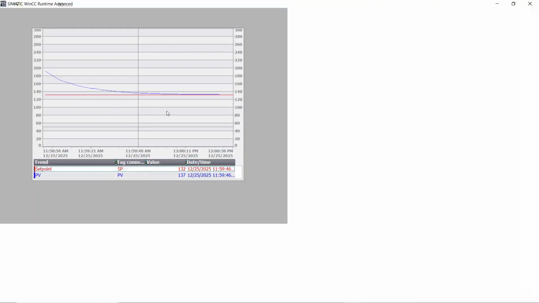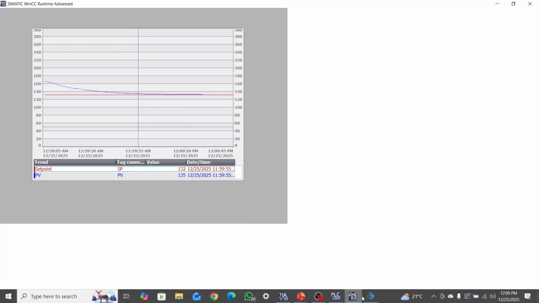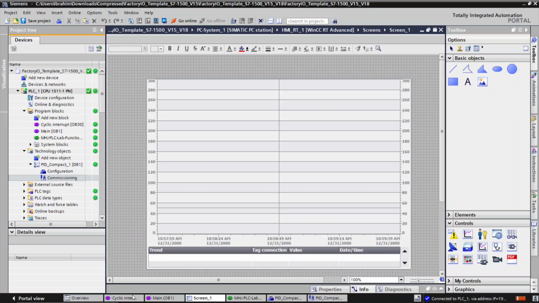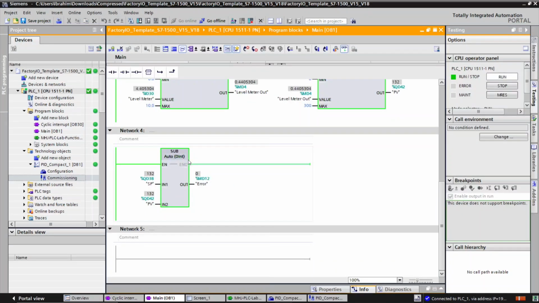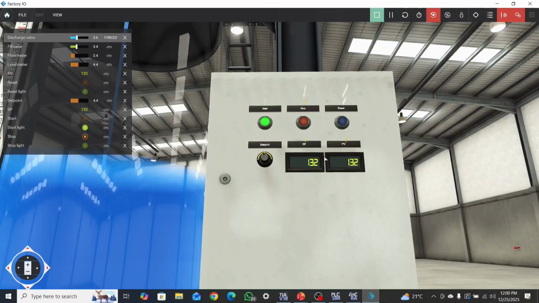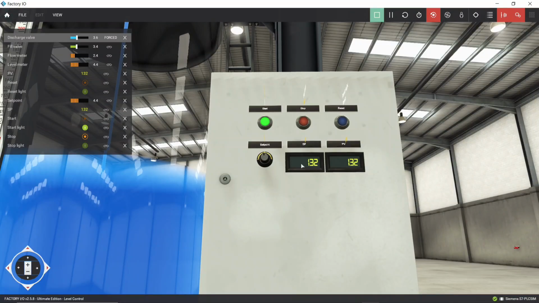And in the graph we can also see that our graph is pretty stable now, and we have achieved our set point with the help of this PID controller. And you can see there is zero error. That means our controller works perfectly.